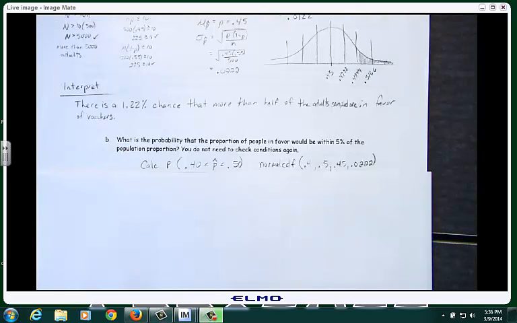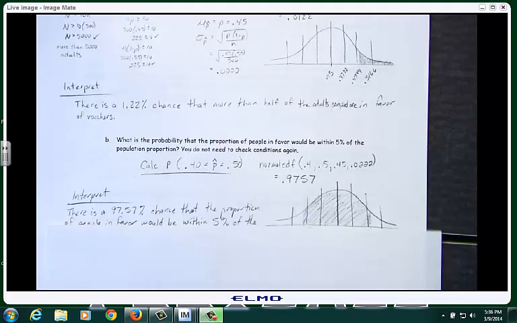Part B of the problem is asking us to calculate the probability of the proportion of people in favor would be within 5% of the population proportion. So that's in between 40 and 50%. Doing a normal CDF calculation with a lower bound of 0.4, upper bound of 0.5, mean of 0.45, and standard deviation 0.0222 gives us 0.9757.